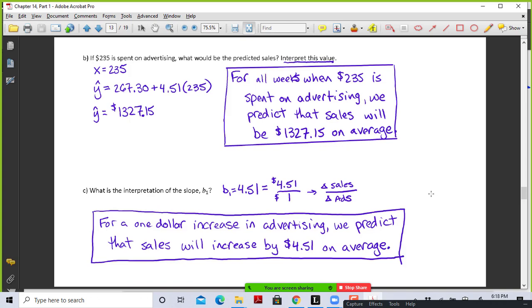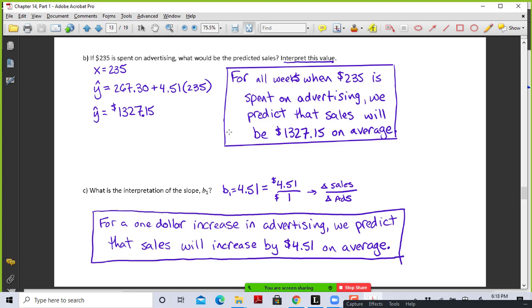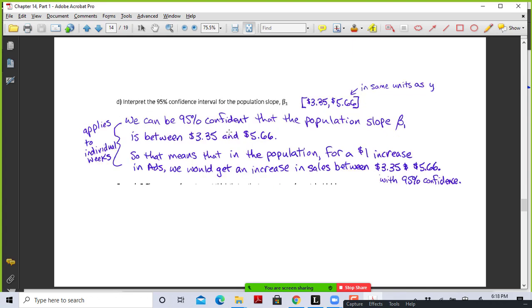So what is the interpretation of the slope? You guys need to know that. I just explained it. It's on page 13 of chapter 14, part 1. And I can ask about the confidence interval as well. If I give you the confidence interval, you know that the beta 1 slope would lie between such and such value, right?